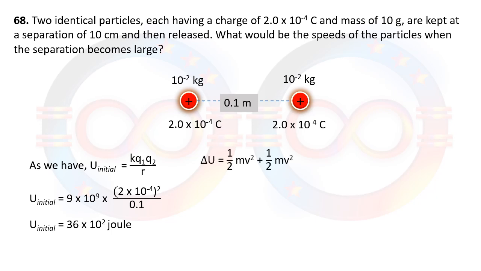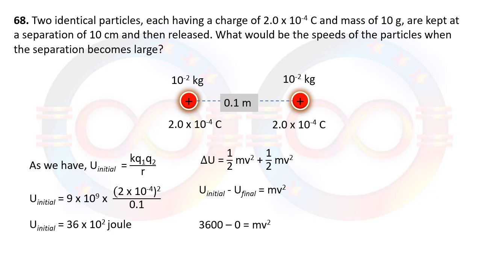Now we know that the change in potential energy is nothing but the energy appeared in both as kinetic energy. So we have taken half mv square plus half mv square. So U initial minus U final is equal to mv square. U final will be 0 because we don't know at what point the maximum distance is, maybe infinity. So that will be 0.